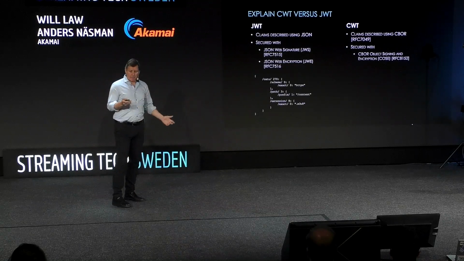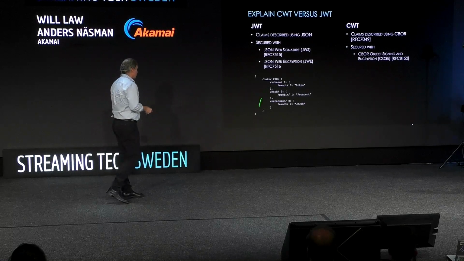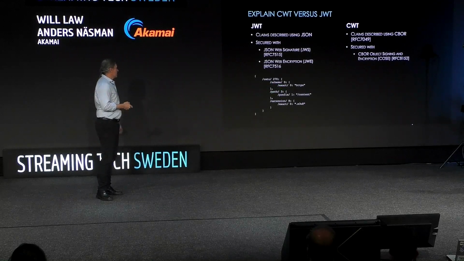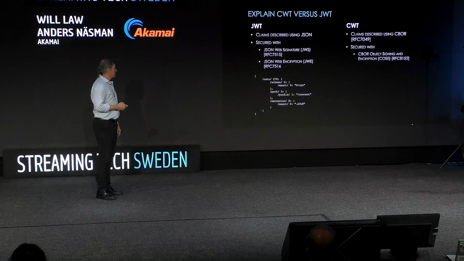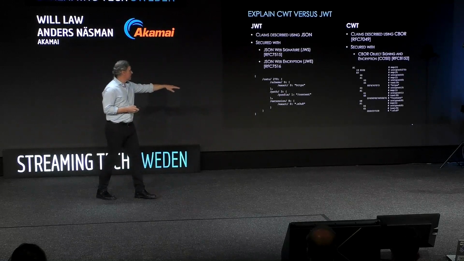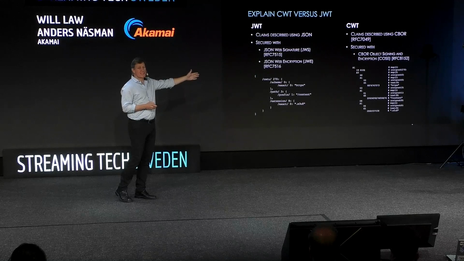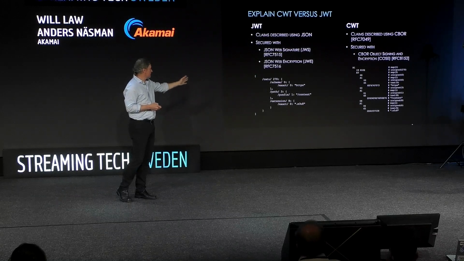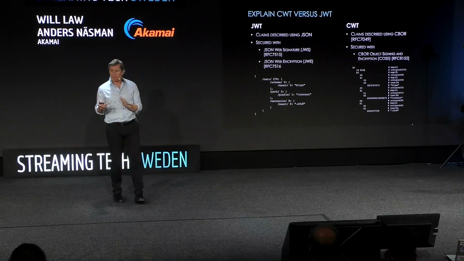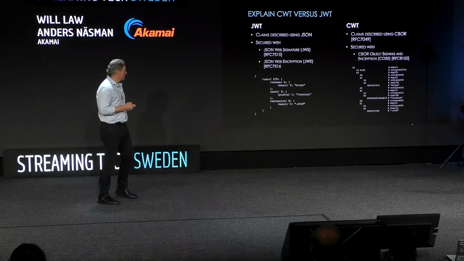So just a practical example of what this looks like in real life. Here's some JSON describing some claims. Here's the equivalent markup. Remember, CBOR is binary, so we're not actually seeing it, but basically replacing strings with numbers. That's how we get our compaction.